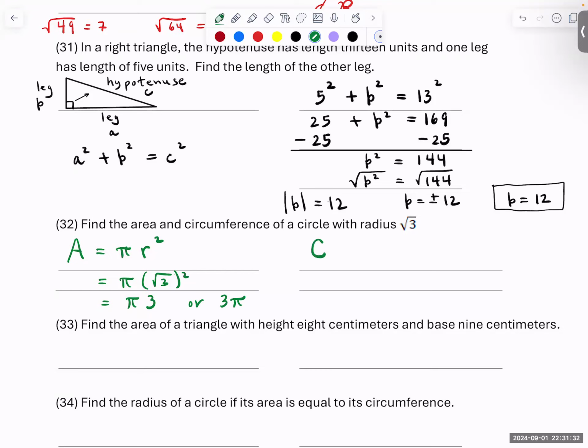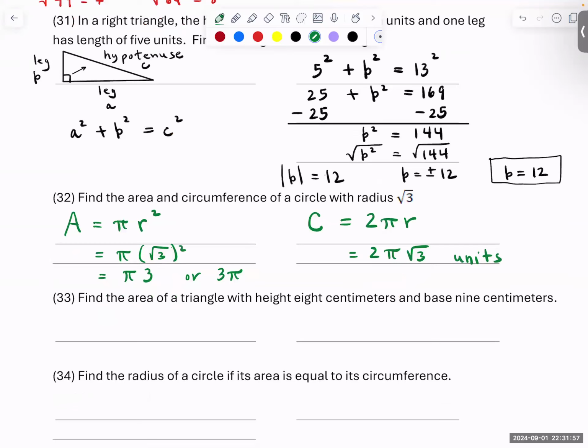Circumference C is 2 pi r equals 2 times pi times the square root of 3. And that's perfectly correct as an answer. And circumference is a length, so just units versus square units for area.